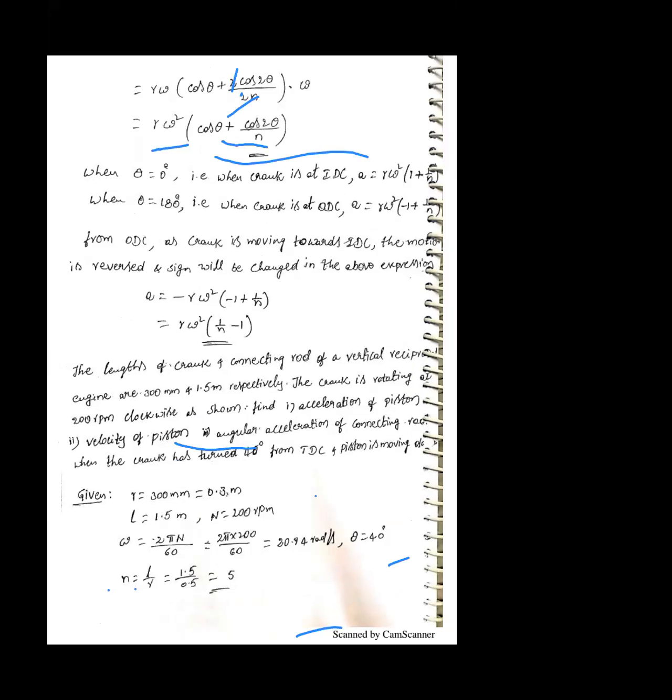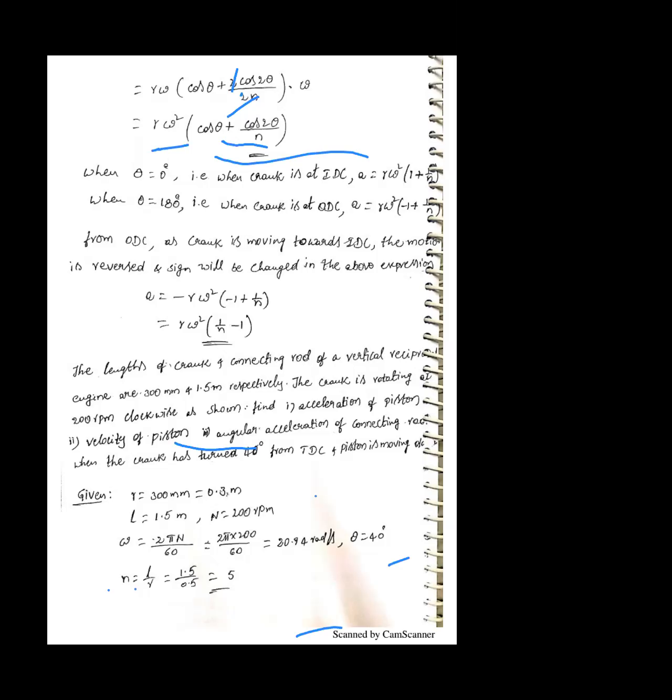Again, they may take some cases. When theta equals 0, that means the crank is at IDC, then a equals omega square r into 1 plus 1 by n.